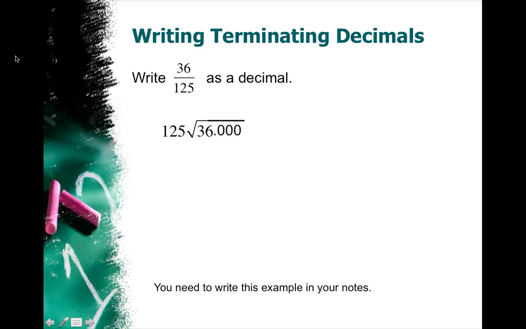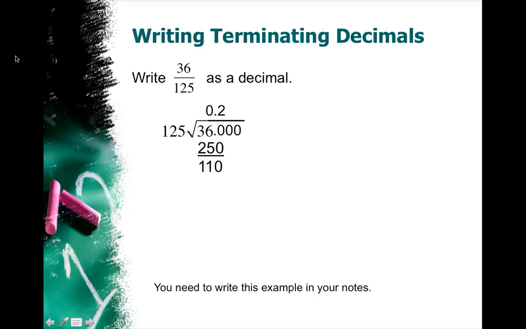So we have 125 cannot go into 36, but it can go into 360, and it goes into 360 two times. 2 times 125 is 250. We subtract, find the difference, and we get 110. And this is long division.